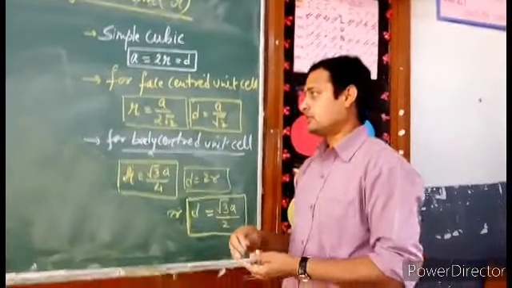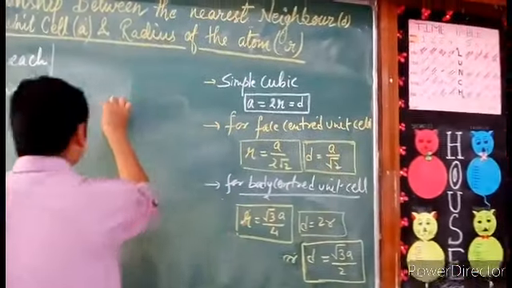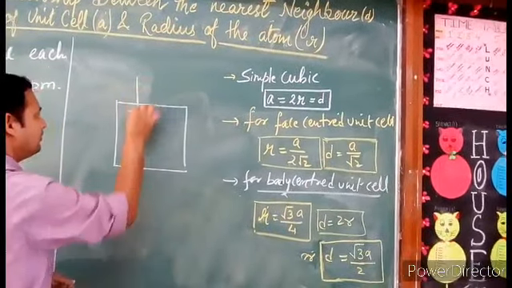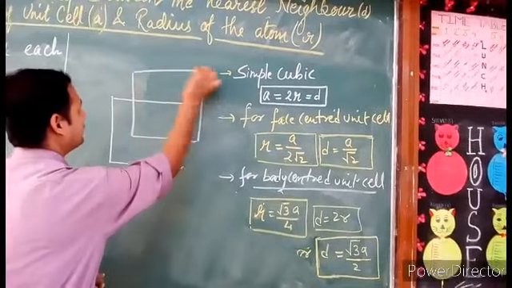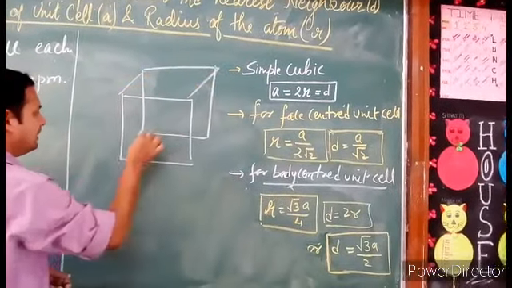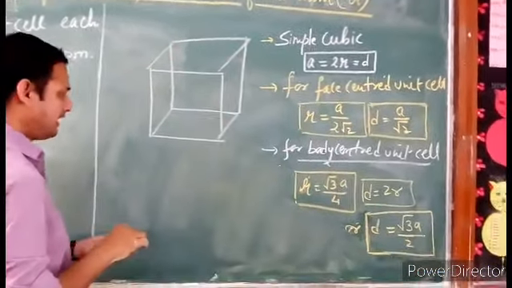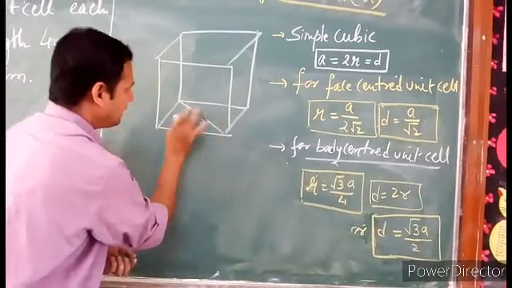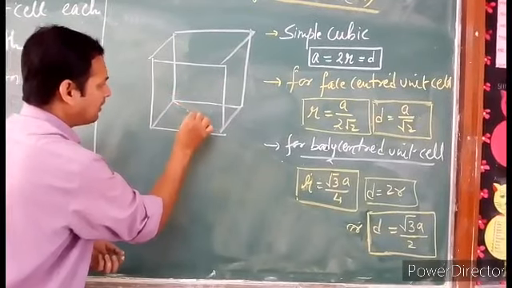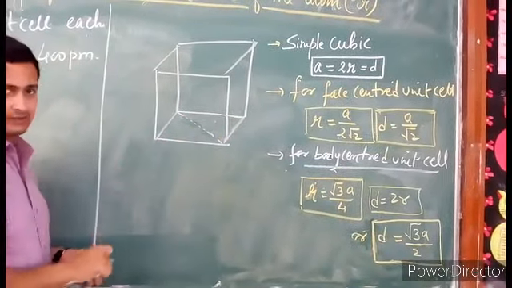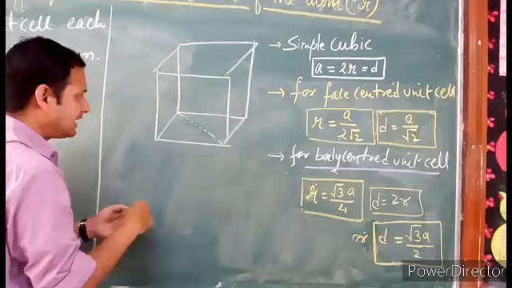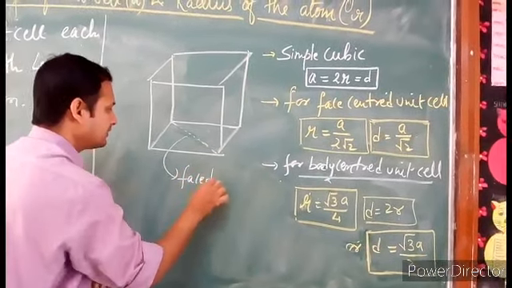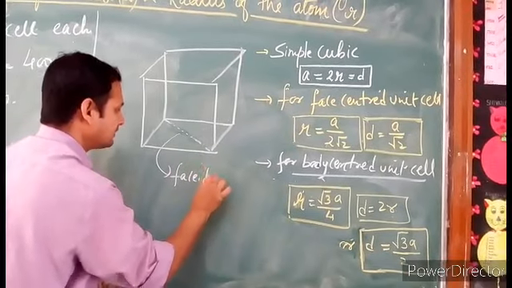And one more thing, we have to know in the case of a cube, what do we have? We are drawing a diagonal on the face. This is called what? Face diagonal.